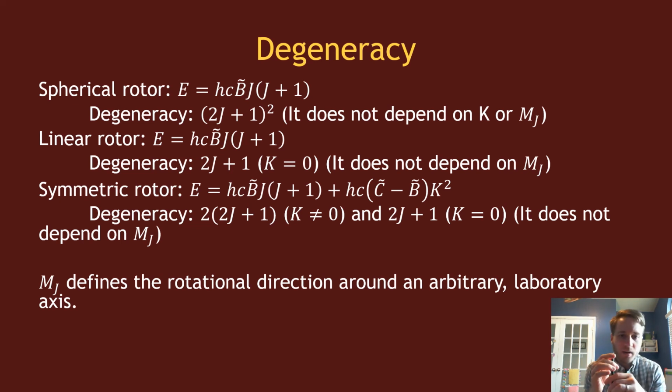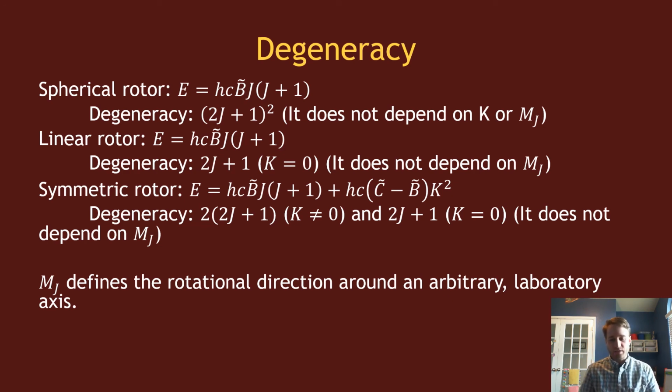So now I'm going to talk a little bit more about degeneracy and the fact that there is technically a rotation around, say, the laboratory axis. Your molecule is rotating freely in space. But where are those directions, essentially IA, the moment of inertia in the A direction, B direction, C direction, pointed relative to your laboratory axis?